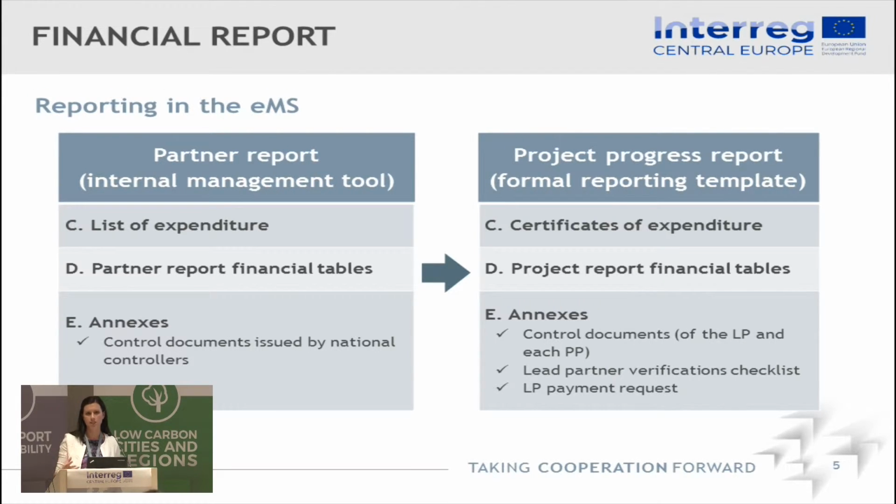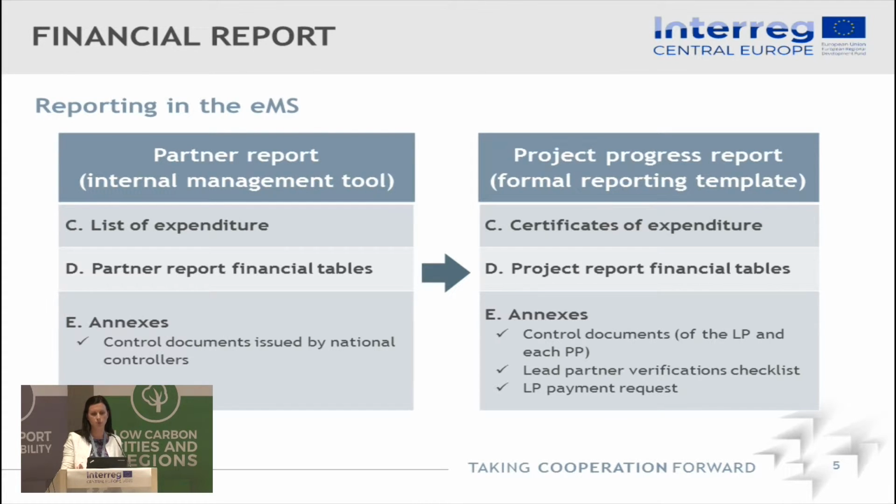So in addition to the content parts, like the part A and the section P, it contains in section C the list of expenditure. And this list of expenditure is containing all the cost items that are then certified by the national controllers. And in the project report, you have a correspondence section where you include all these certificates of expenditure of all the project partners.